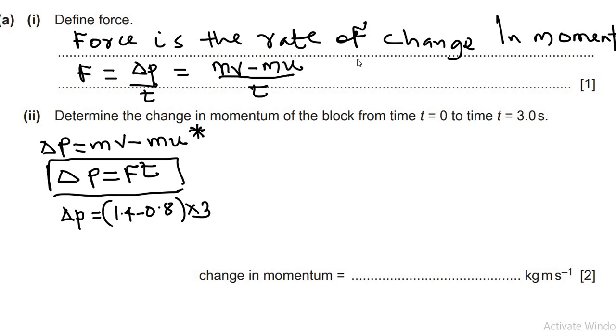So at the end of the day, what do we have as our change in momentum? 1.4 minus 0.8 multiplied by 3. So the change in momentum will give us 1.8 kilogram meter per second. That's the change in momentum.